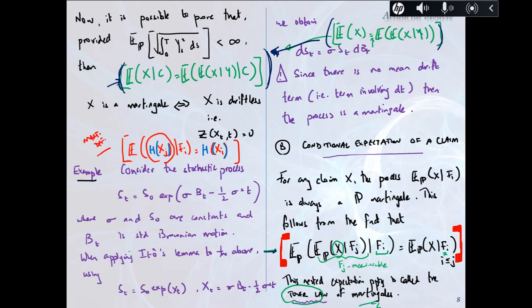If I take a function over xj given Fi, what the Martingale says is that at j, which is further on the timeline with respect to i, h of xj will become h of xi, because I'm standing here at i and I know all information up to i. So this is the Martingale definition.